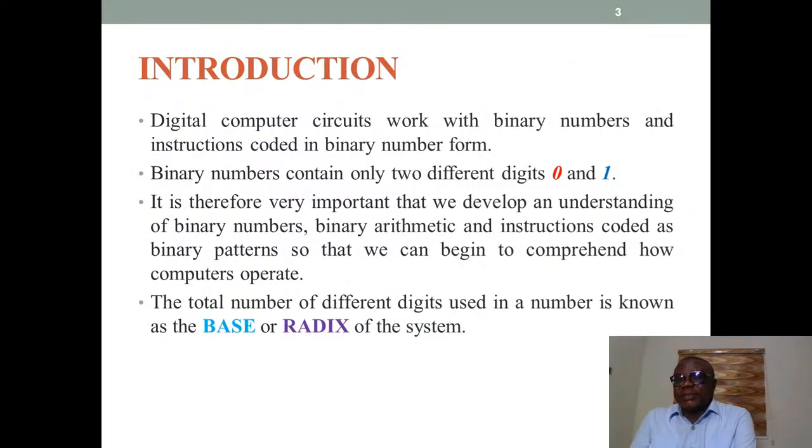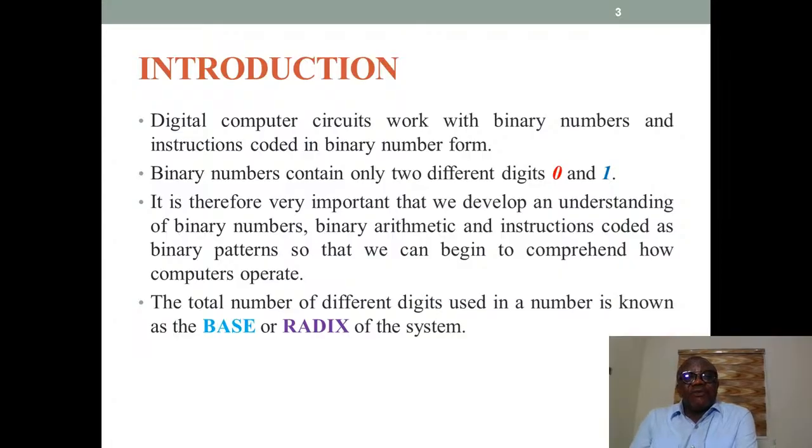Like we said, we are going to look at computer number systems. You know that digital computer circuits work with binary numbers and instructions coded in binary form. We also know that binary numbers contain only two different digits, zeros and ones.